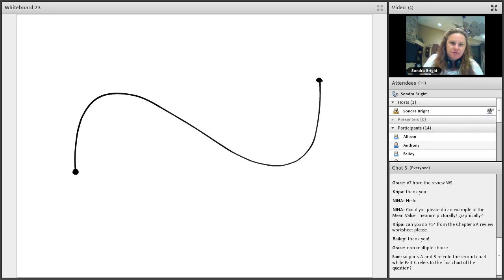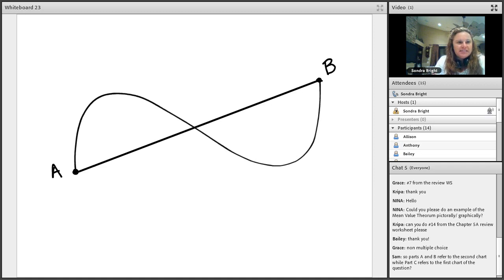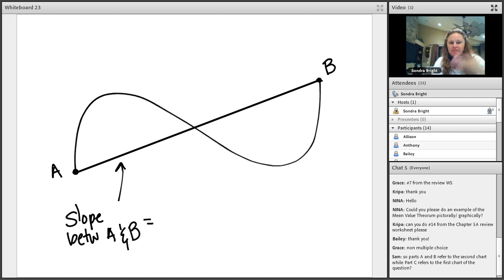The mean value theorem says that if I find the slope between A and B, all right, so let's say I find the slope between A and B, right? The slope between A and B is the slope you have known your entire life, because it's a straight line.